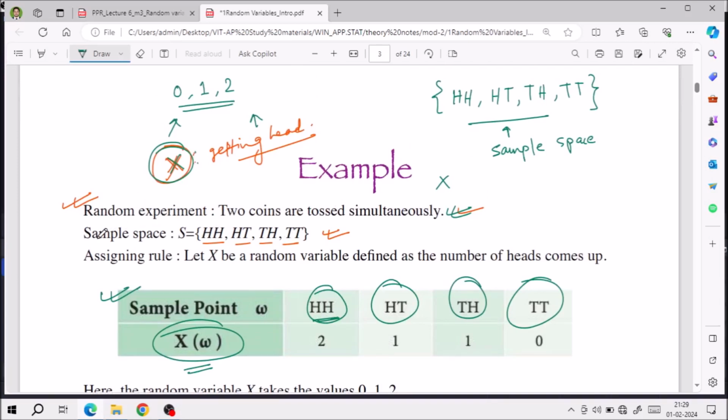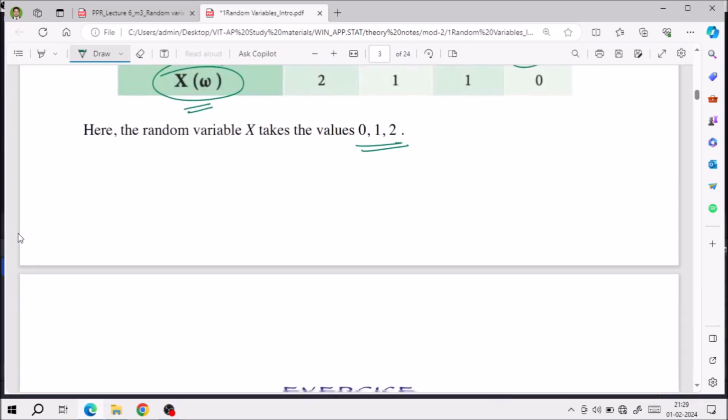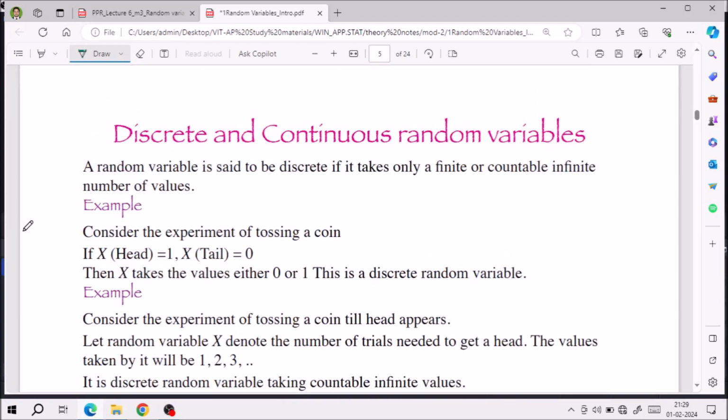Here the observations are finite in number. Finite observations, so in that case you have a discrete scenario. If the observations are not finite, then you have a continuous random variable.